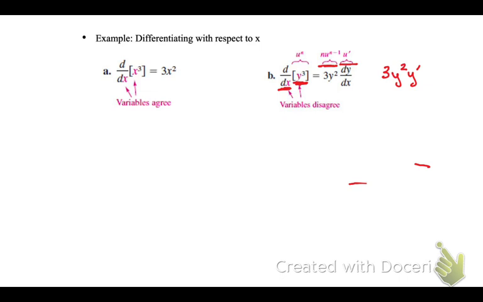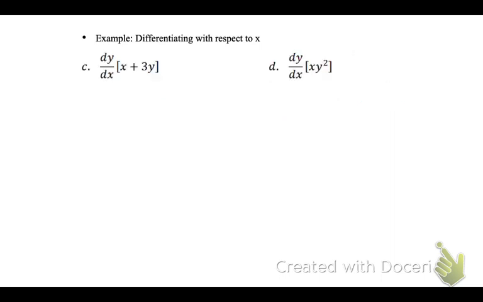This is the same thing as this. Usually people start with dy dx and they move to just y prime. If you go to the derivative calculator, I think they use y prime.